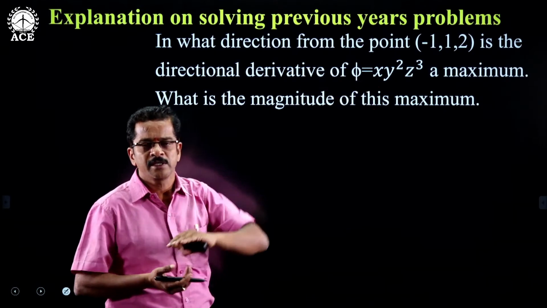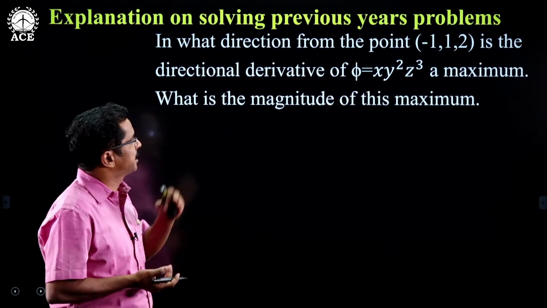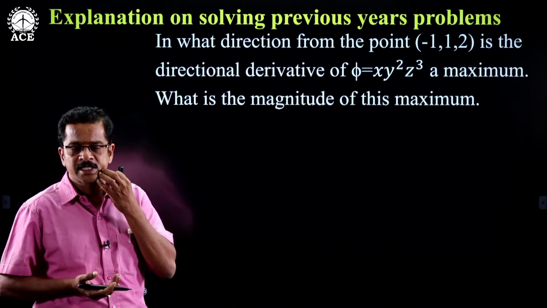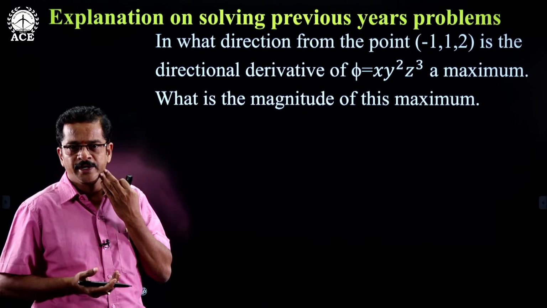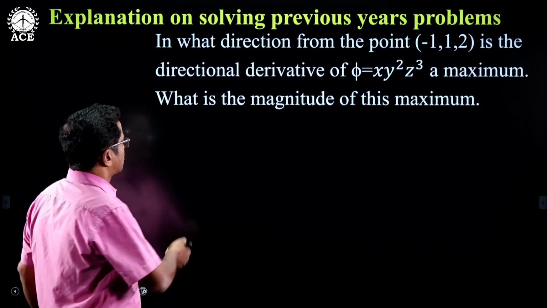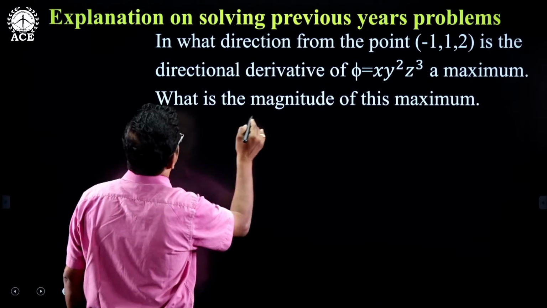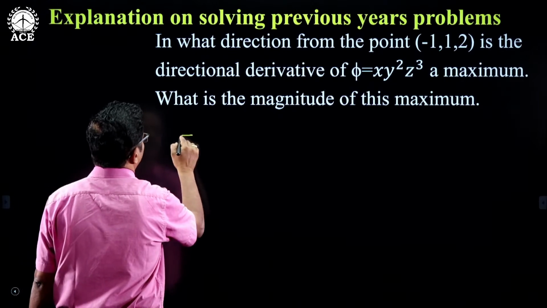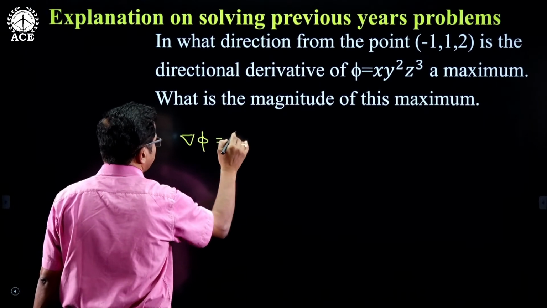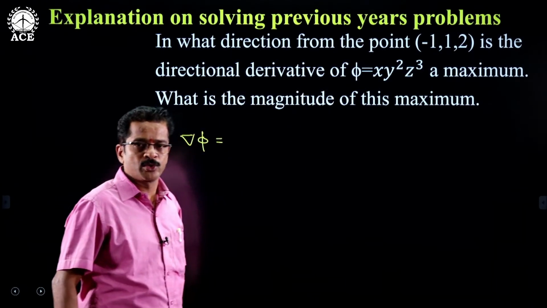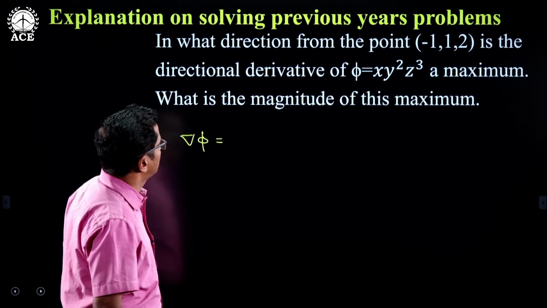In which direction of the vector function, means you have to find del phi at the point. So now I am going to apply the directional derivative. Directional derivative means del phi, in the direction of which we evaluate the directional derivative.